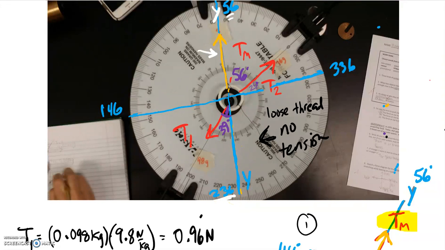And the x-axis then would be 90 degrees rotation. So 56 plus 90 is 146. So that's where the minus x-axis is, and the plus x-axis is at 336 degrees right there. So my coordinate axes are in blue.